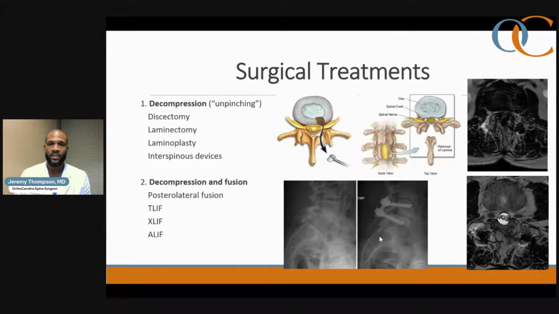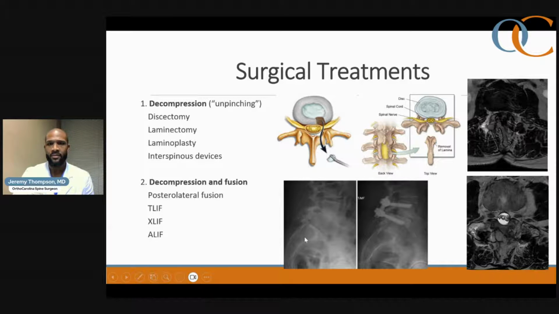The unpinching or the decompression procedures can be anything as small as making a small opening in the bone and removing that disc that's putting pressure on the nerves, or doing a laminectomy where you remove the entire lamina to make more space for the nerves, or other things like laminoplasty or interspinous device. That's more of a topic for another conversation.